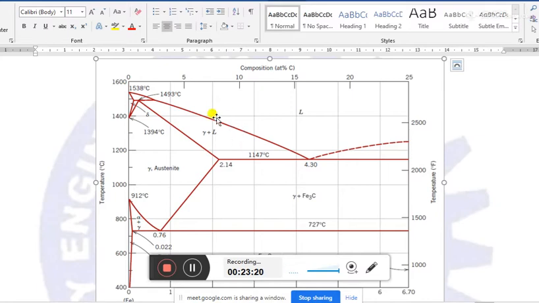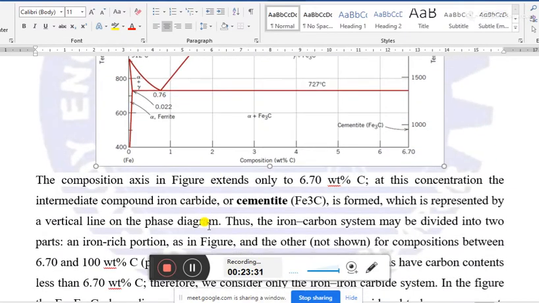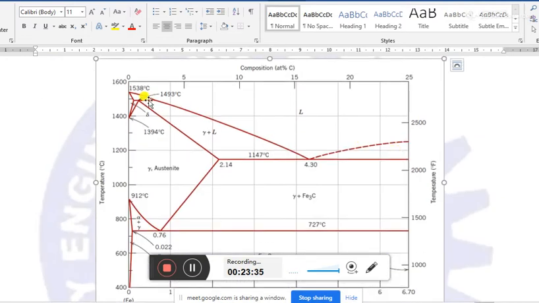Some part of iron will liquefy, but the actual temperature of melting of iron is approximately 1540 degrees Celsius. But if the weight percentage of carbon increases, the melting temperature of iron will decrease.